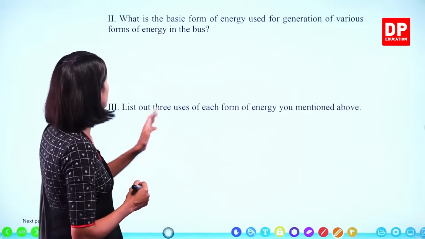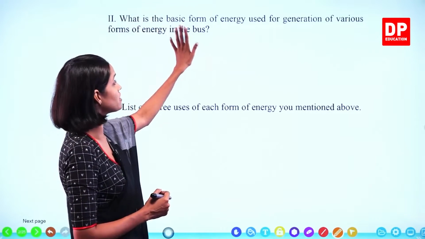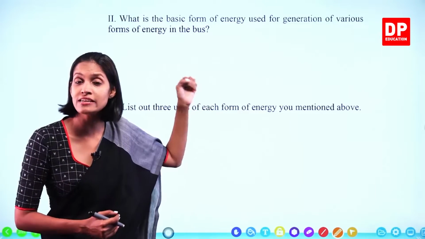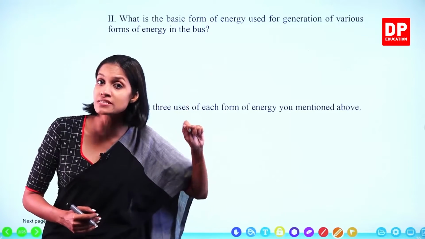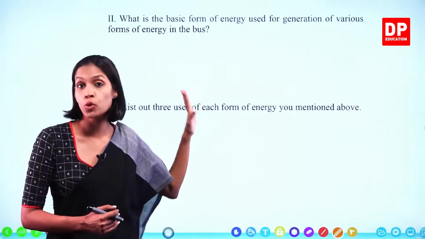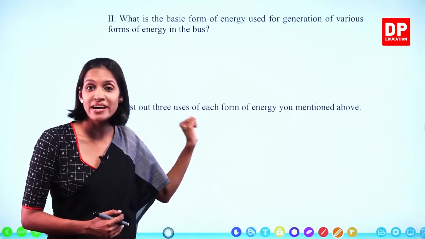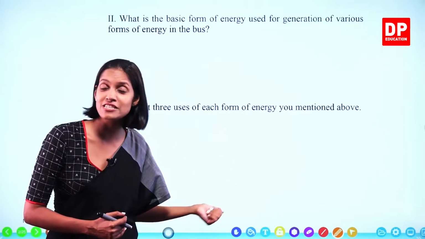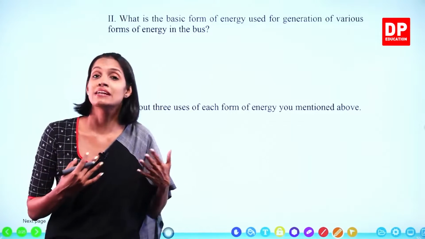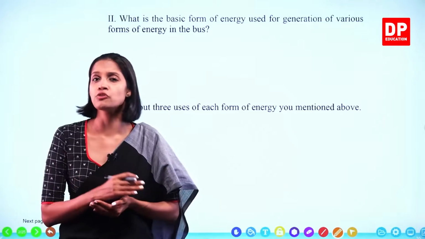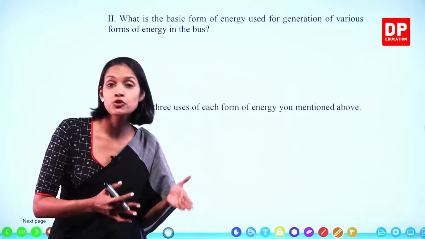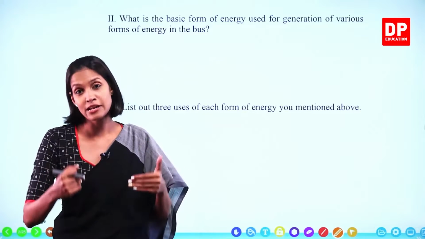Right, children? Therefore, what is the basic form of energy used for generation of various forms of energy? All the other types of energy can be formed if we start the bus. So in order to start the bus, the battery must work. Right? So the battery contains chemical substances. When it comes to vehicle batteries, we call them lead acid accumulators. Why do we call it lead acid accumulators? Because they contain dilute sulfuric acid and lead plates.